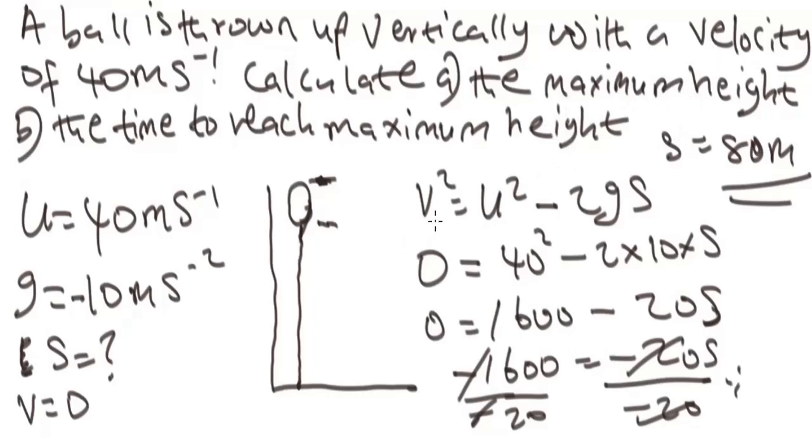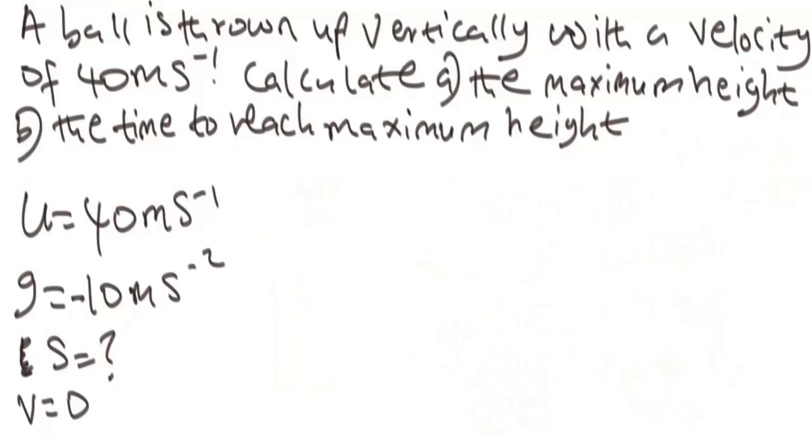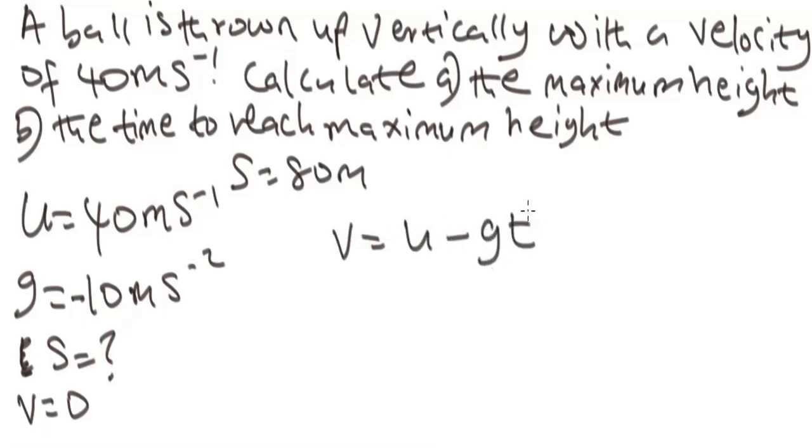Now to calculate the time, very simple. Remember, our x will be 80 meters. To calculate the time, we can use v equals u minus gt.